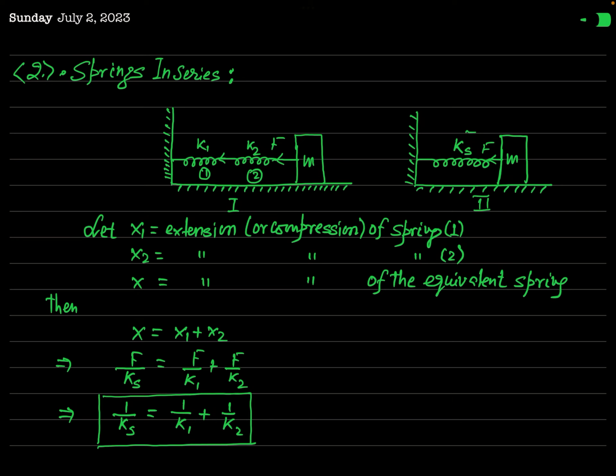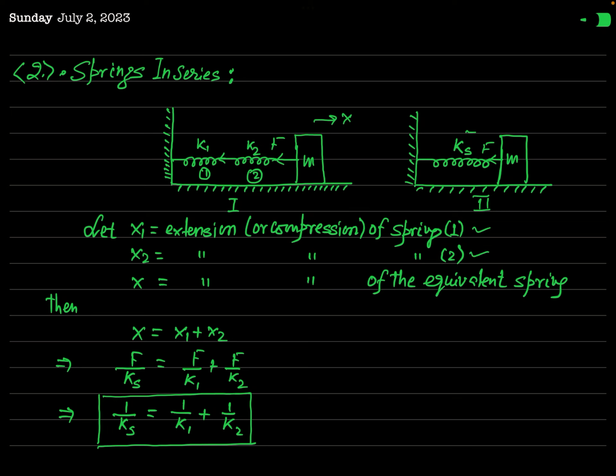Now let us consider that this mass is displaced in this direction by x, so that the spring K1 is elongated by x1 and the second spring K2 is elongated by x2. I have assumed here that x1 is the extension or compression of spring 1 and x2 is the extension or compression of spring 2.